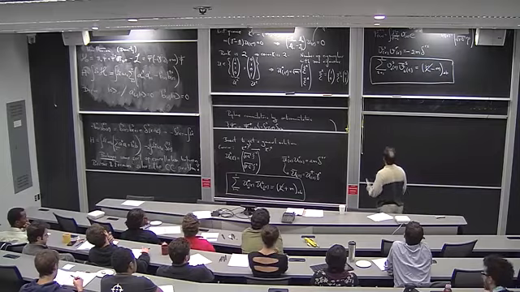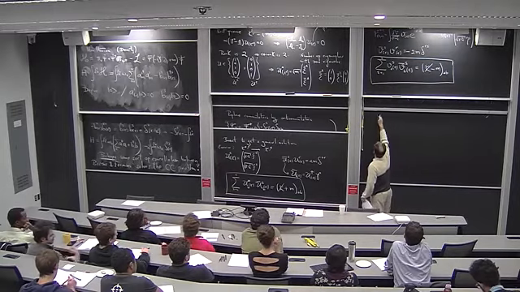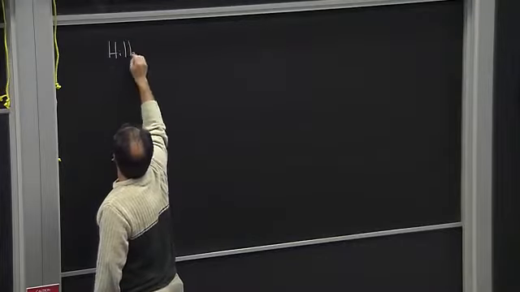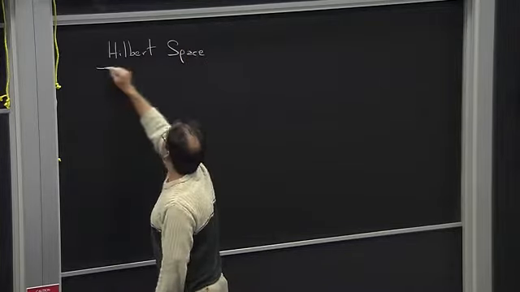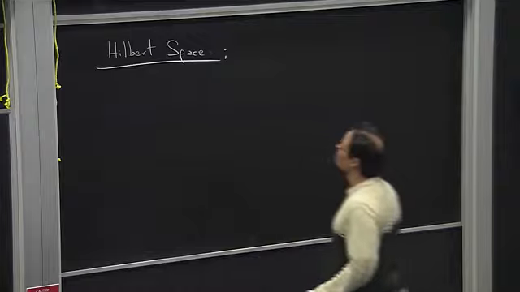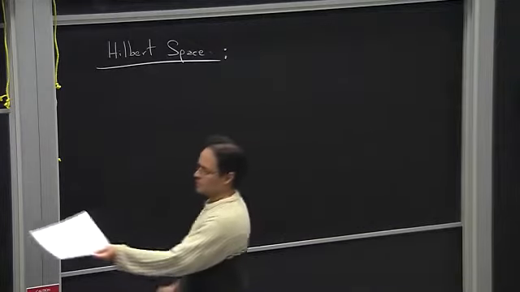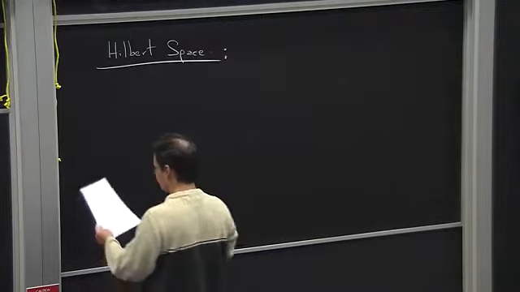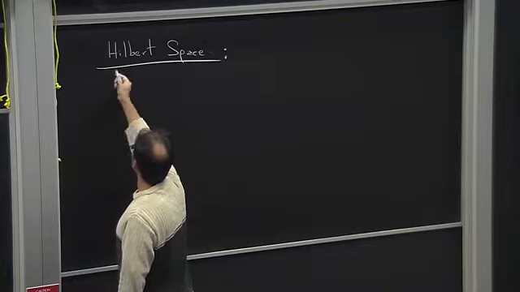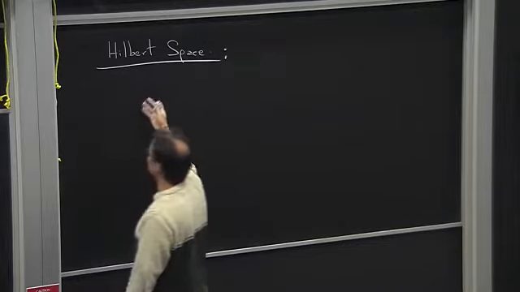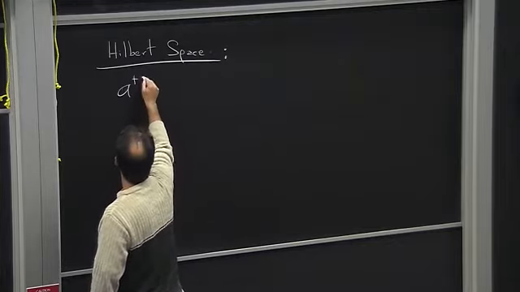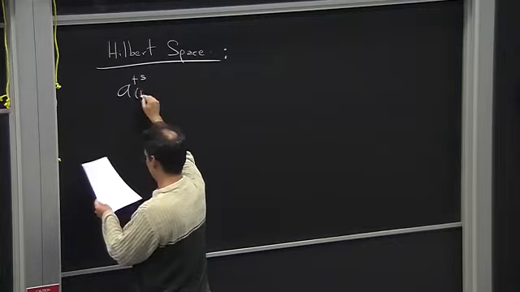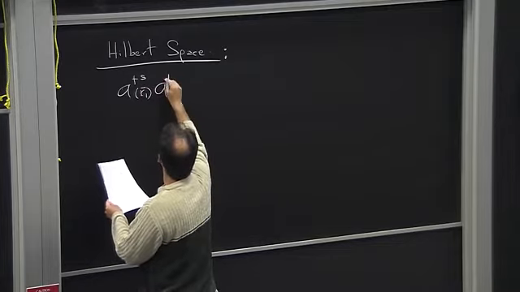Okay. So let's move on to the Hilbert space. So we already started with the vacuum. So of course we can now create states that we will interpret as particles by applying, say, creation operators.